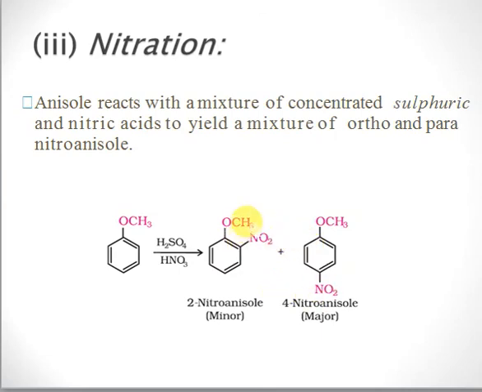Just consider them as two bushes, and these two bushes are very close to each other, so they get stuck into each other, right? In order to avoid the repulsion between each other, this nitro group doesn't prefer to stay at the ortho position. Instead, this nitro group prefers to go to the para position where there is no such repulsion, right? So it is because of this steric hindrance, this steric repulsion, that the ortho product is not formed to a great extent.